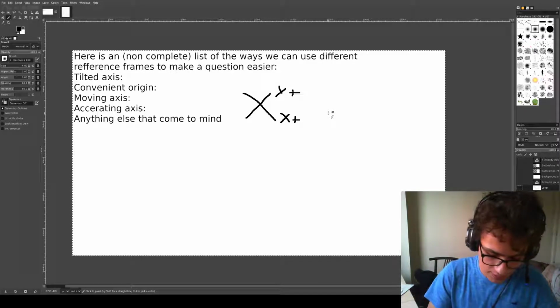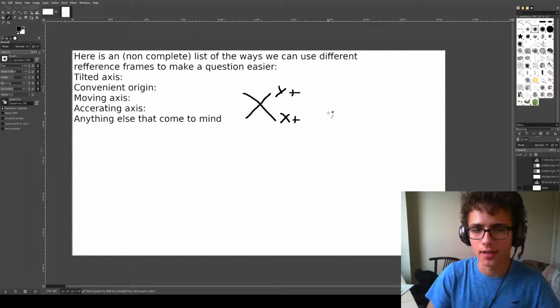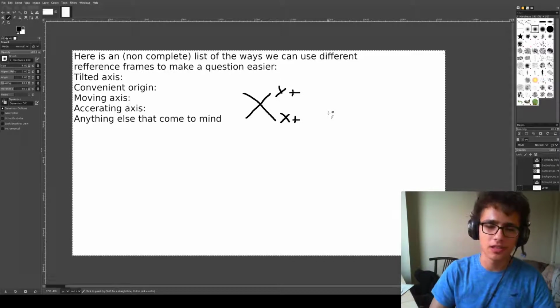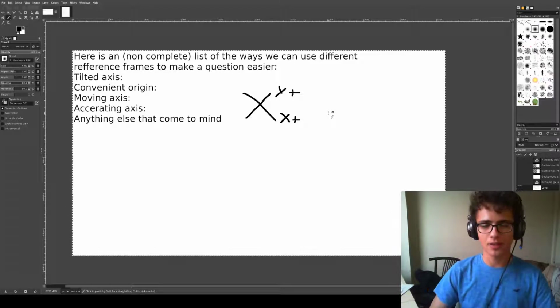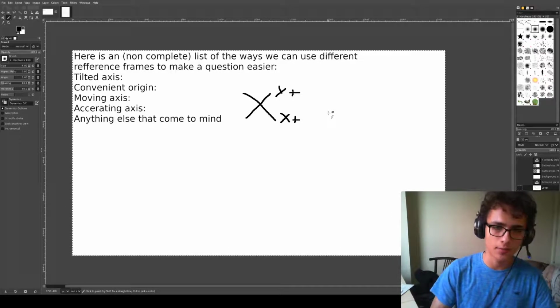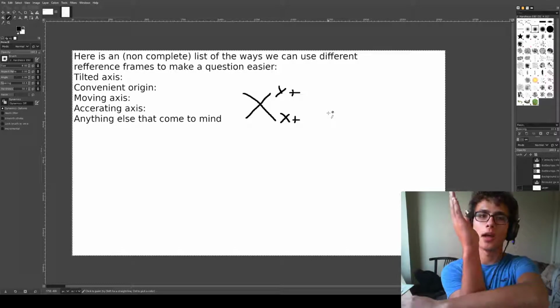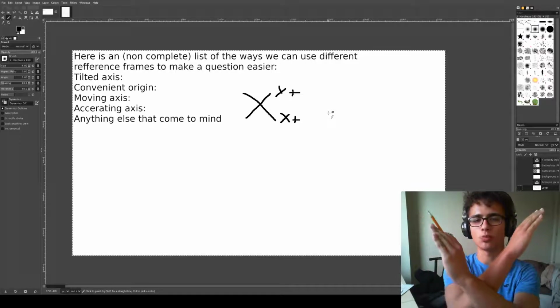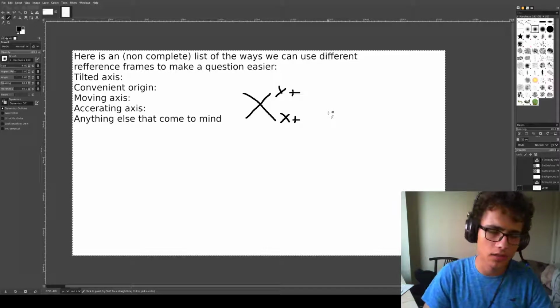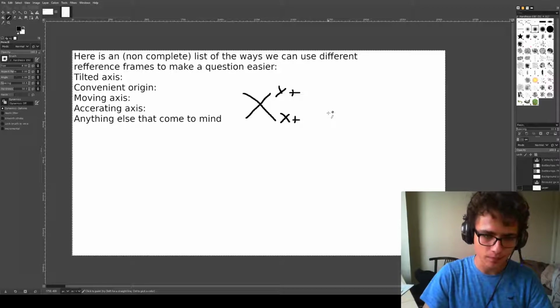One of the reasons that we have x and y like this is because usually gravity is acting straight down, right? But if your acceleration is not caused by gravity, or not caused completely by gravity, it might make sense to align your axes with that acceleration. Just make your life a whole lot easier.